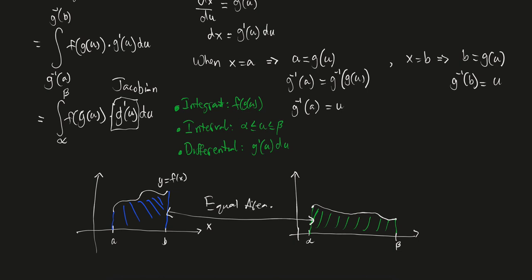Now, in double and triple integrals, we're going to have something similar. So for instance, in a double integral, remember the basic way to interpret what a double integral represents is volume. So what we're going to do is describe a process where we can transform one solid into another solid, a 3D object into another 3D object that has equal volume, but one of them will be easier to evaluate than the other.